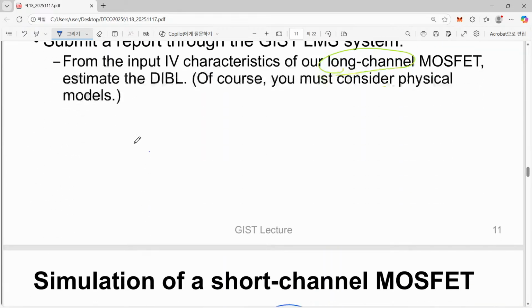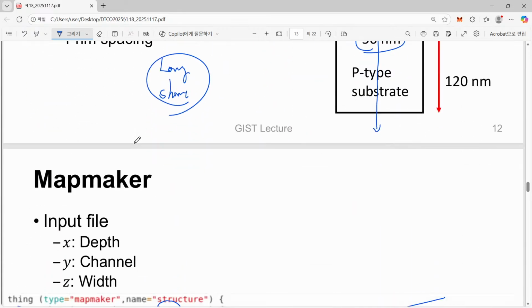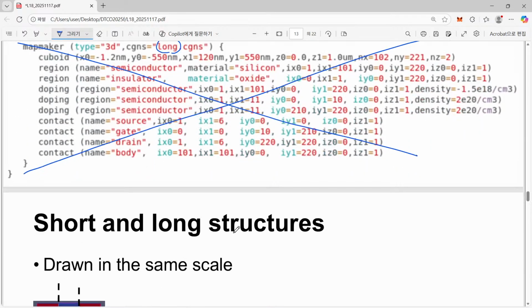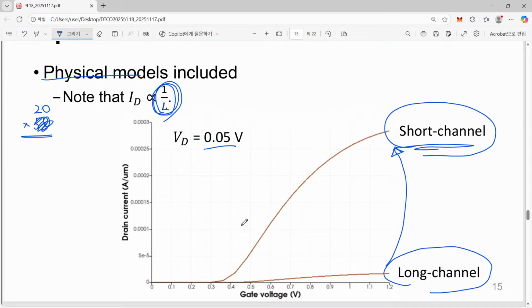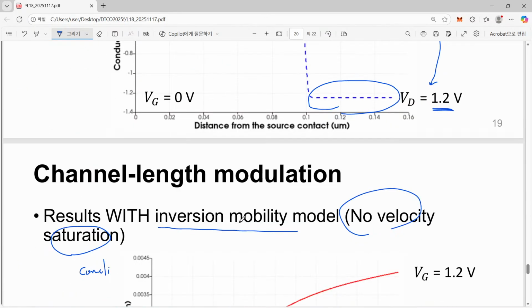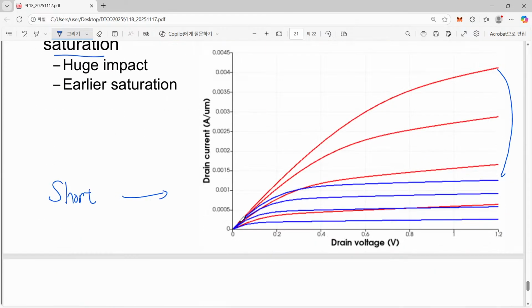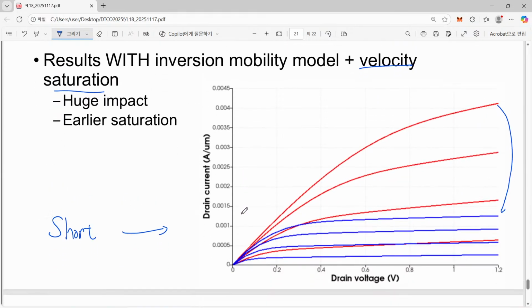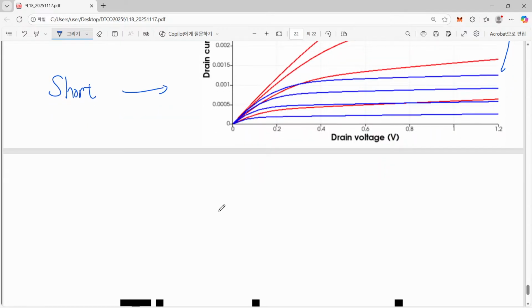But now we are observing that without this velocity saturation effect, once again we can highly overestimate the on current of our transistor. That should not happen in reality. You should also consider this Canali model. Okay, so please add or consider correct physical models.